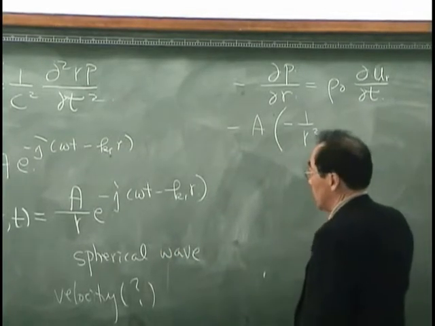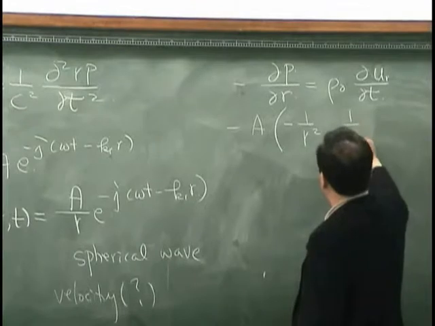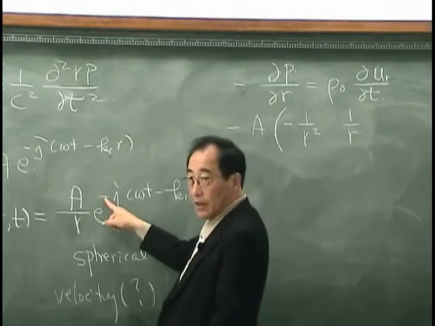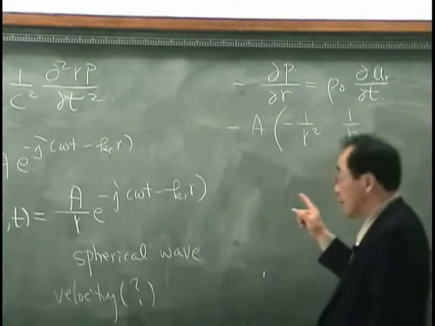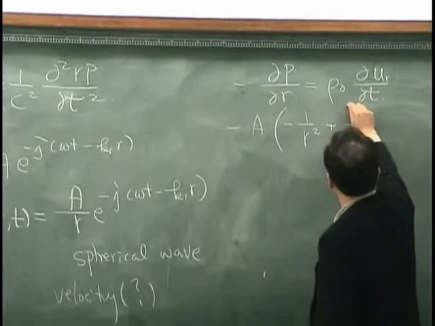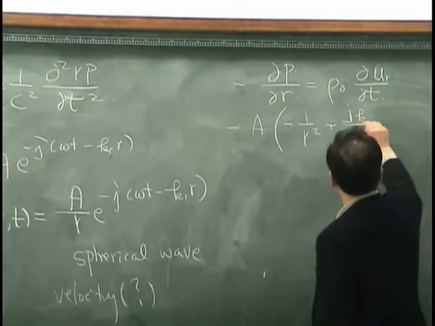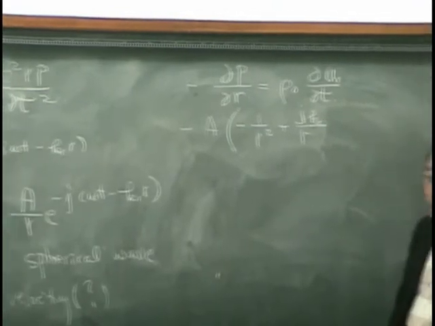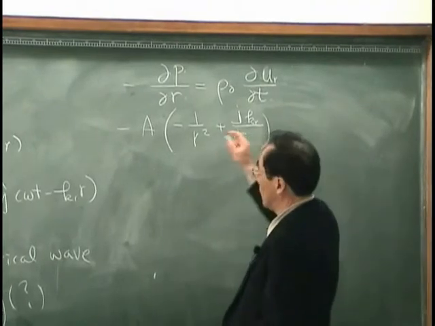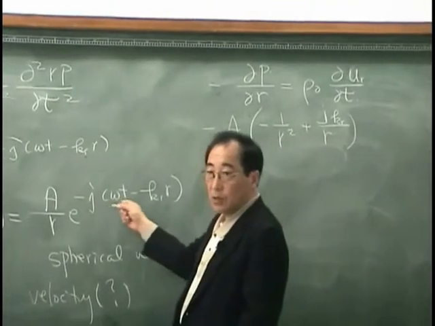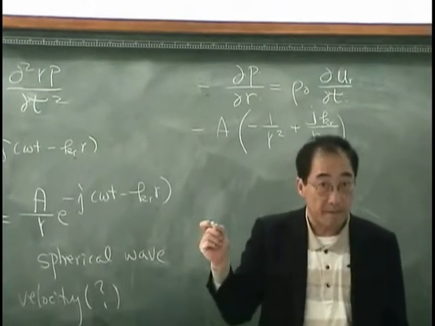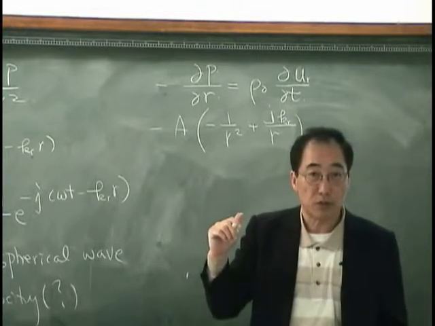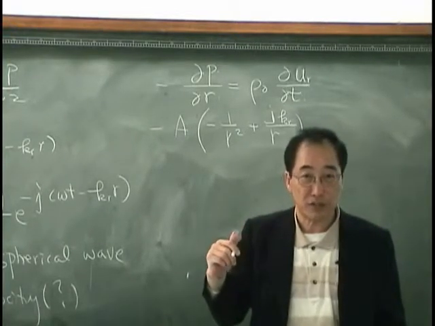That gives me 1 over r, and I have minus jk, so plus jkr, and then exponential minus j omega t minus kr. There is a big chance for me to make an error, so anybody who picks up an error will get partial credit.